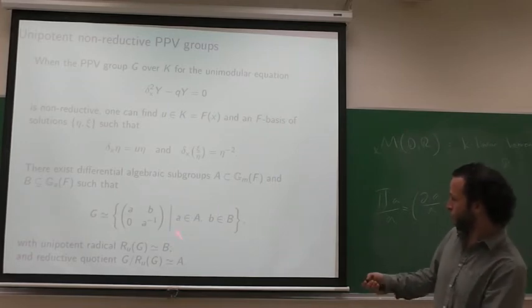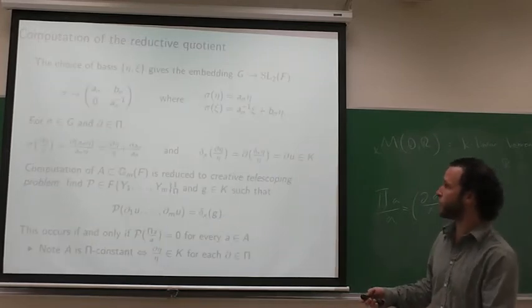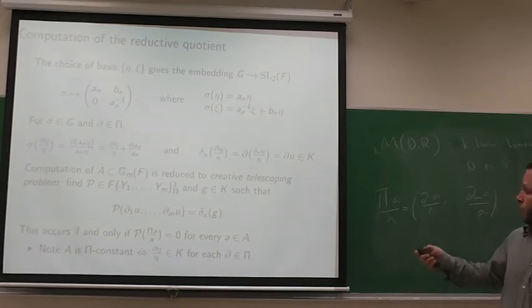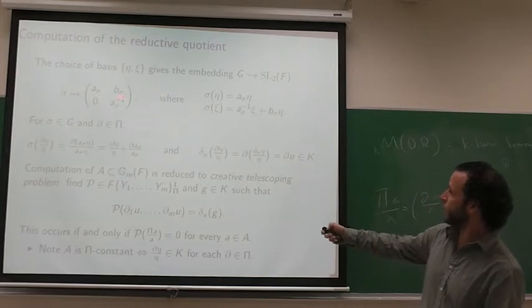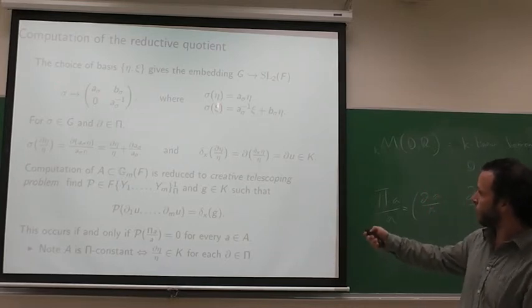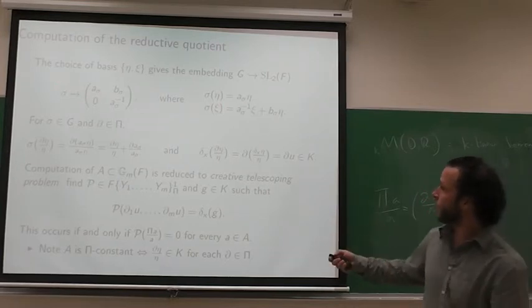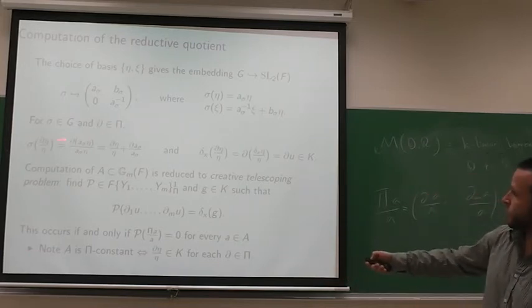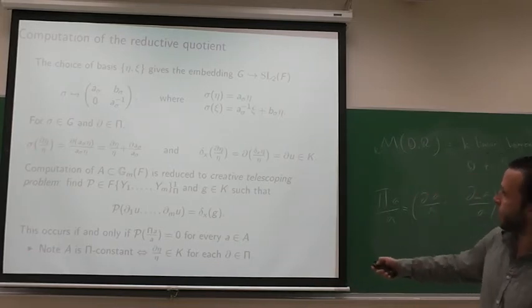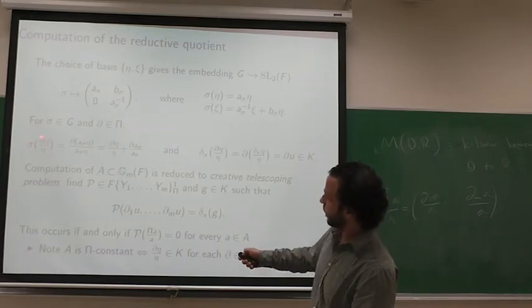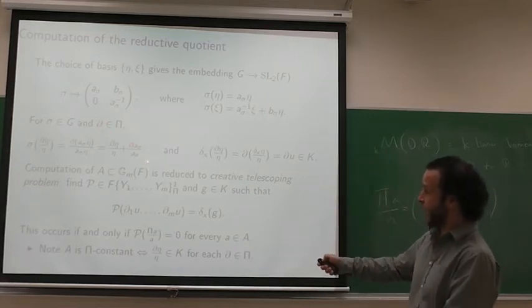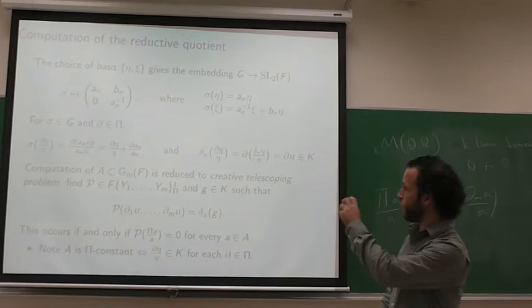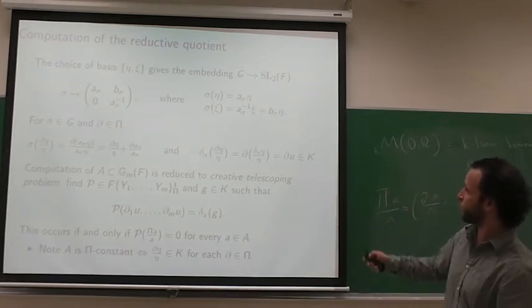So let me tell you first how to compute this reductive quotient A, or summarize how to compute it. This choice of basis for the unimodular equation has the Galois group acting on them like so. And then these two relations are formal. On the one hand, sigma transforms the parametric logarithmic derivative with respect to any partial in pi in this way, just adds the logarithmic derivative of this a sigma coming from the action of G on eta.